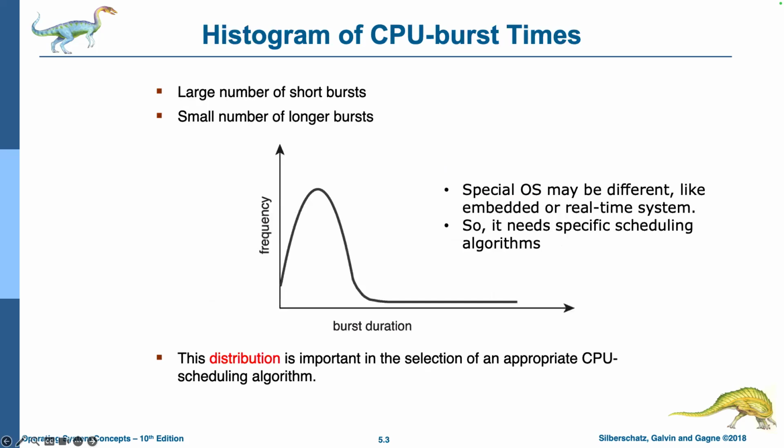So here, this is a burst duration. So for one process, this is the CPU running time, and this is the frequency. When the duration is short, that means this program only runs like 1 or 2 milliseconds, very short. There are so many threads with a very high frequency.